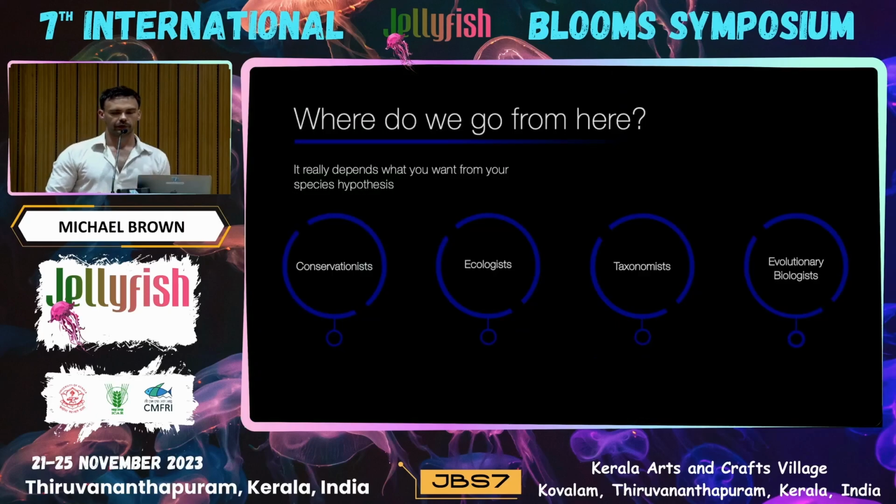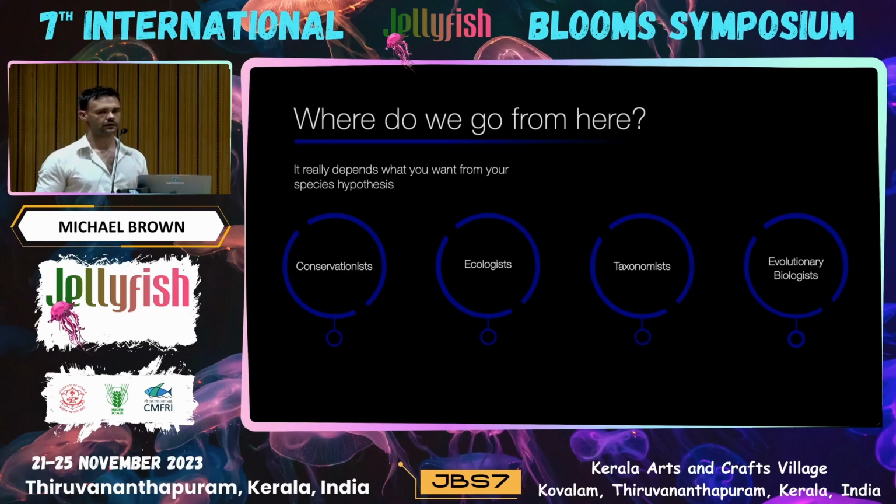So with all this being said, where do we go from here? And this is probably the part of the talk that's going to make some people uncomfortable. My argument is that depending on what you want to do, that answer differs. One of my favorite lines from a taxonomic paper comes from a paper that Mike and Lisa wrote a while ago, and it basically said that taxonomy is an expression of the human need to classify things.